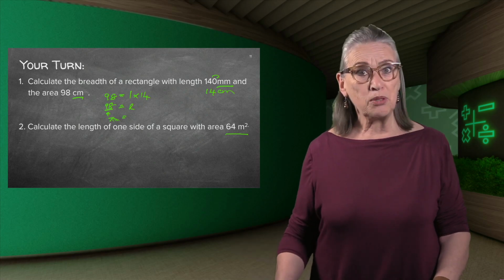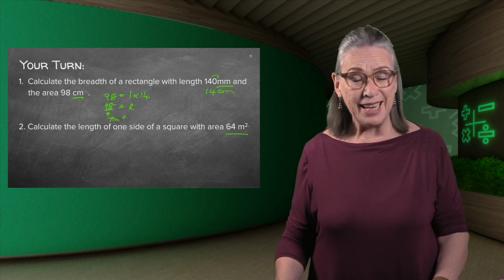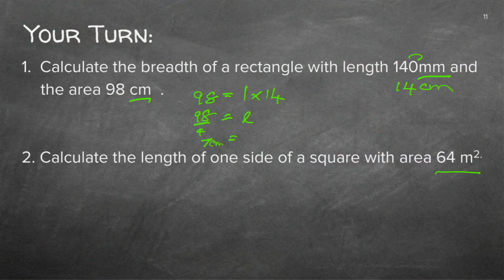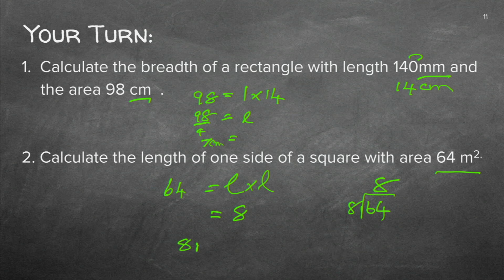So the minute you see a square number, you recognize it. And you remember the formula of a square is length times length. So here they say the area is 64, and you know the square root of this is 8. So your answer is 8 meters.